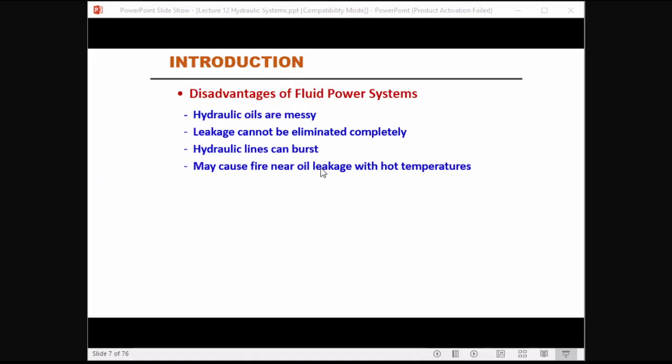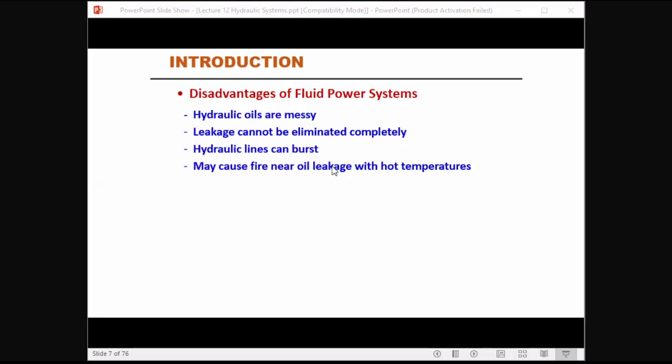We need to consider these things. These are the disadvantages. Due to this flammable oil, there can be fire hazards, so we need to be careful about hydraulic oils.